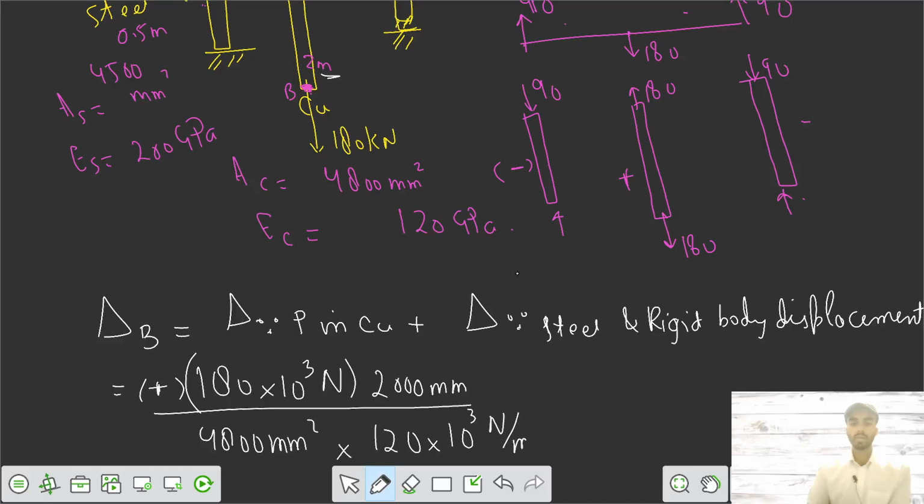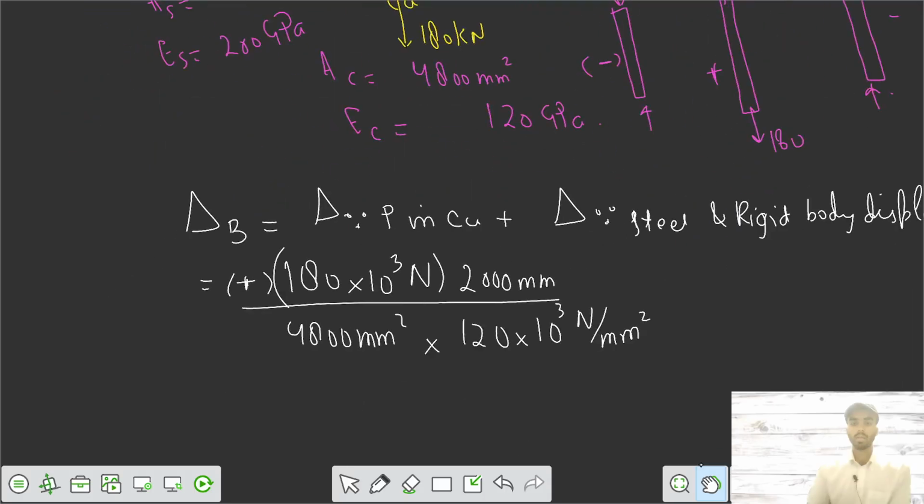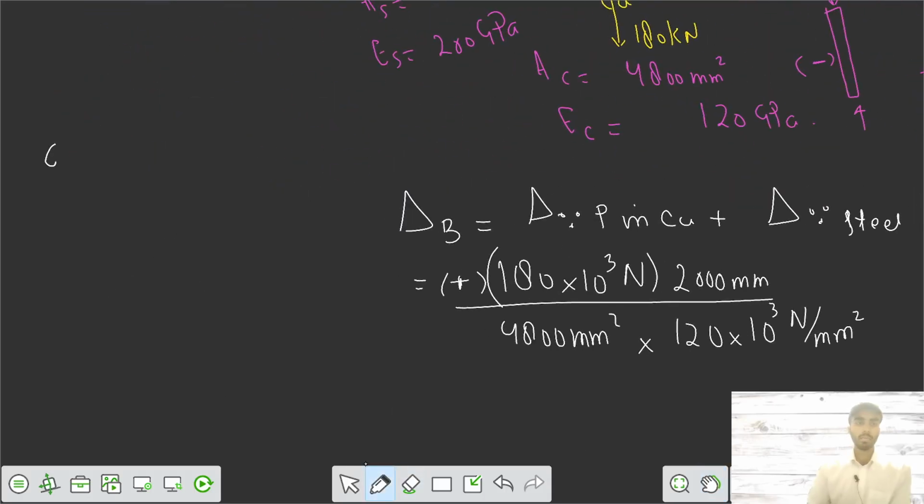Megapascal is Newton per mm square. Gigapascal is 10 to the power 9 Pascal, and this also equals 10 to the power 3 megapascal, which also equals 10 to the power 3 Newton per mm square.